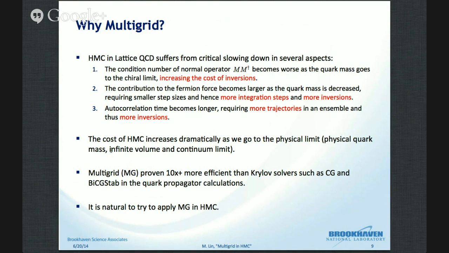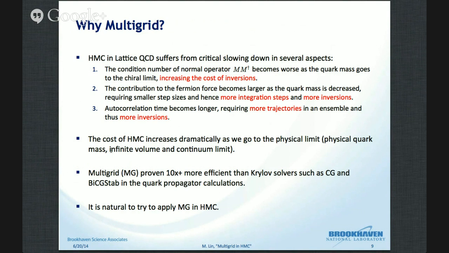And so this is why when you go to a light quark region, the cost to generate the gauge configurations in HMC increases a lot.